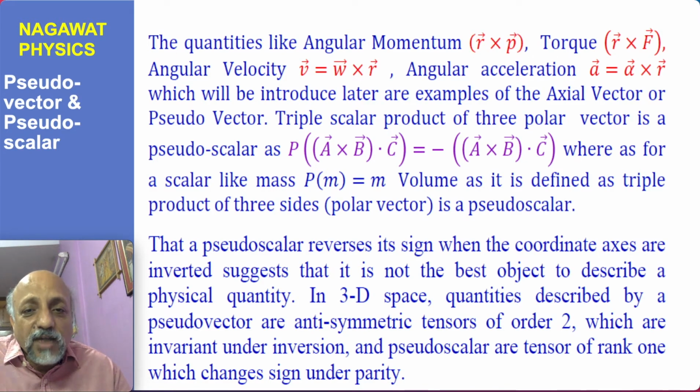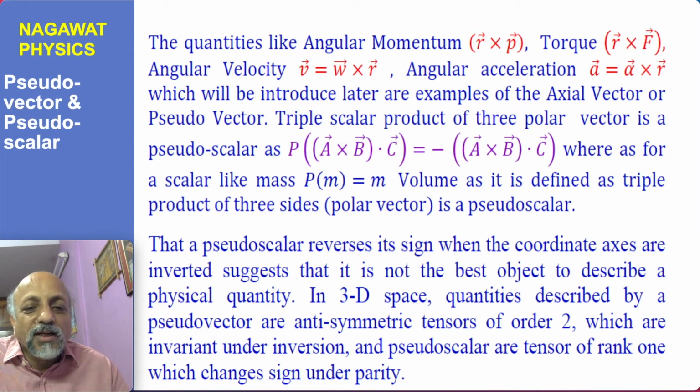So if we take the dot product of a polar vector with an axial vector, you will get a pseudo scalar and not a scalar. A pseudo scalar reverses its sign, remember, like a vector quantity. So it behaves like a scalar, but otherwise it also behaves like a vector as far as parity is concerned.